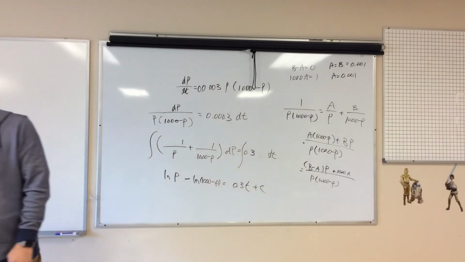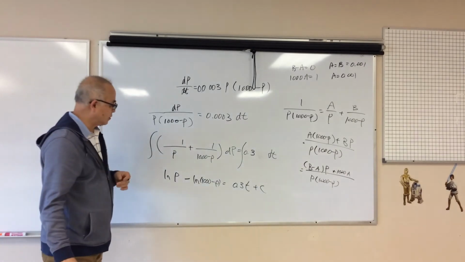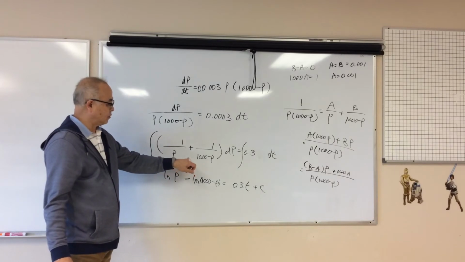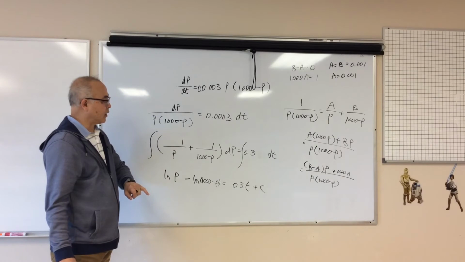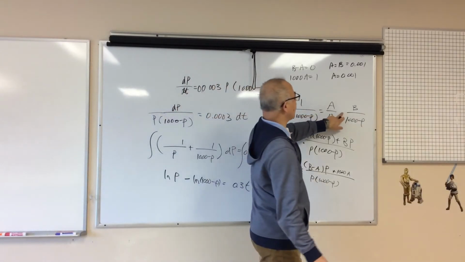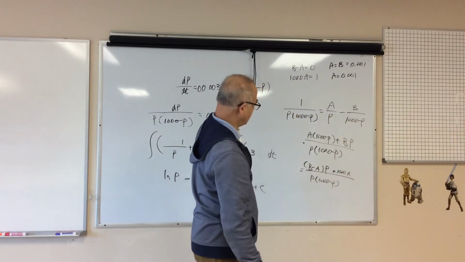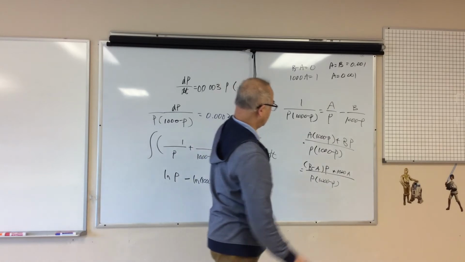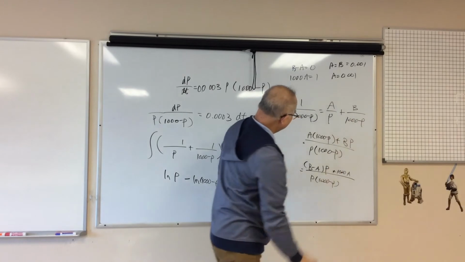What was 1,000 minus P? It would be the natural log of. Isn't it supposed to start with a minus? Oh, they started with minus here, is that what they did? No, it's plus. I'm confused. Why are we doing plus? No, it's wrong. Oh, I see what happened there, okay, so it's plus.